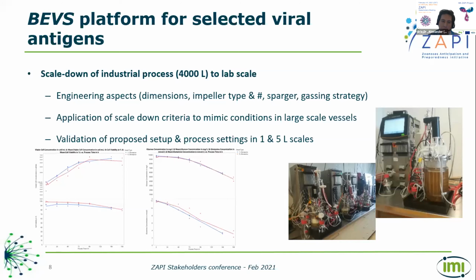There is a lot of process knowledge. We basically took our 4,000 liter production scale and scaled it down first to the 1 liter and then to the 5 liter system that we have in the lab based on our knowledge and our engineering parameters. And with the cells we were using, we validated those settings that we calculated to see if that's actually true, basically, if it's working. Next slide, please.